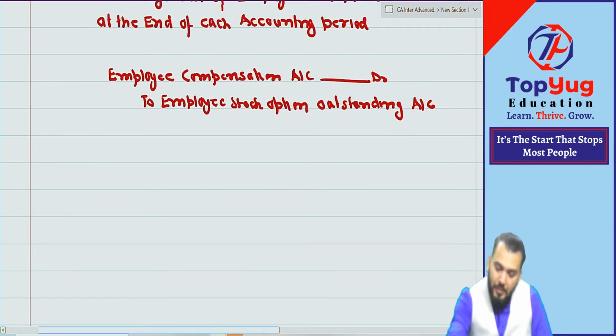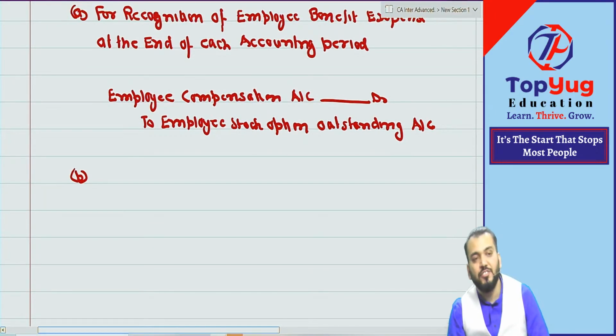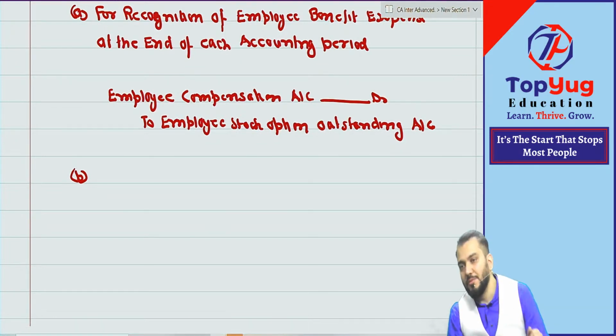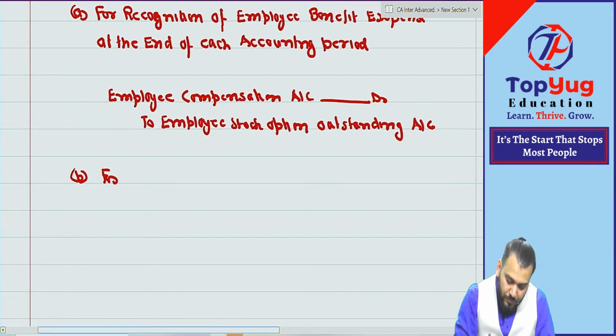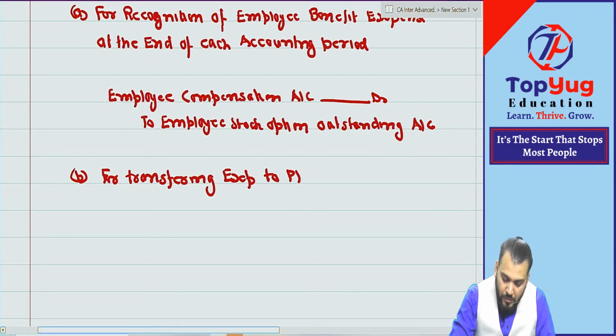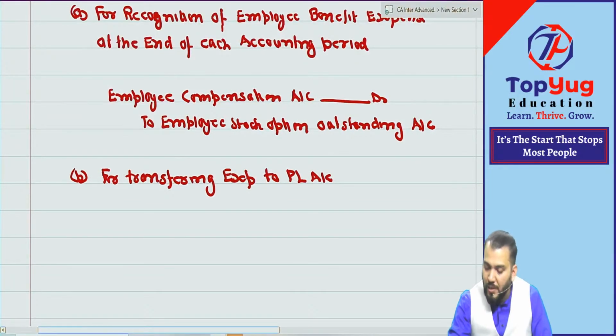Understood? Then of course at the end this employee compensation account will be closed by transfer to P&L account. For transferring expense to P&L account, what journal entry will you do?